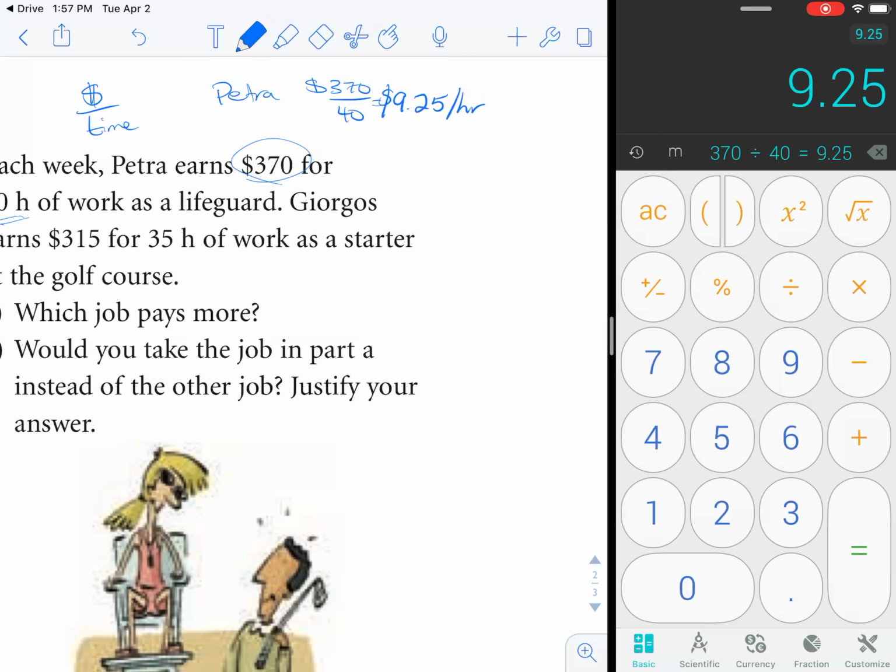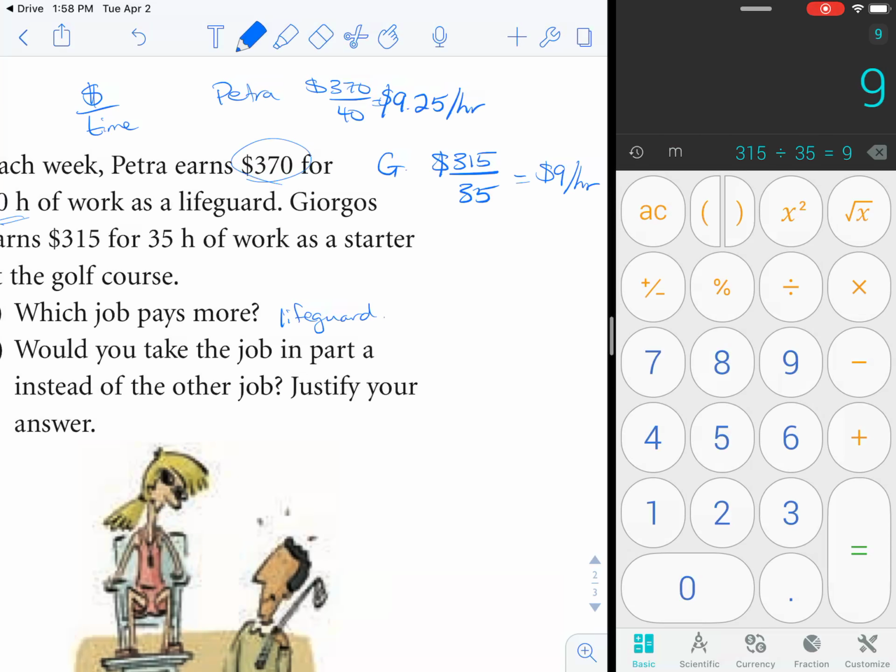Georgios earns $315 for 35 hours. So 315 divided by 35 gives us $9 per hour. Which one pays more? Well, Petra's job.